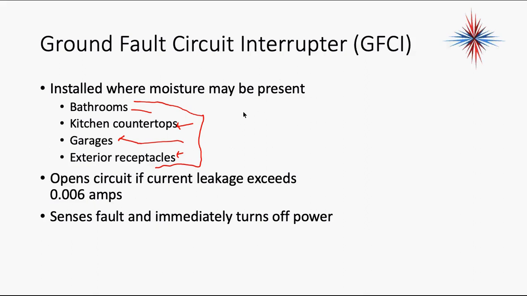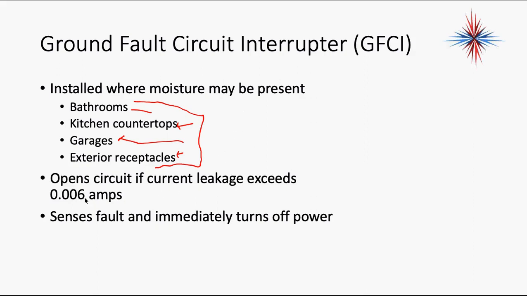Now, in recent years, the GFCI is not just in the outlet. We can actually put a GFCI breaker into the breaker panel. It does the same thing, but protects an entire circuit. So if I have 6 plugs in my kitchen on the counter, I can protect the entire circuit with one GFCI breaker rather than putting in 6 different breakers or doing the daisy chain thing you can do off the outlets.